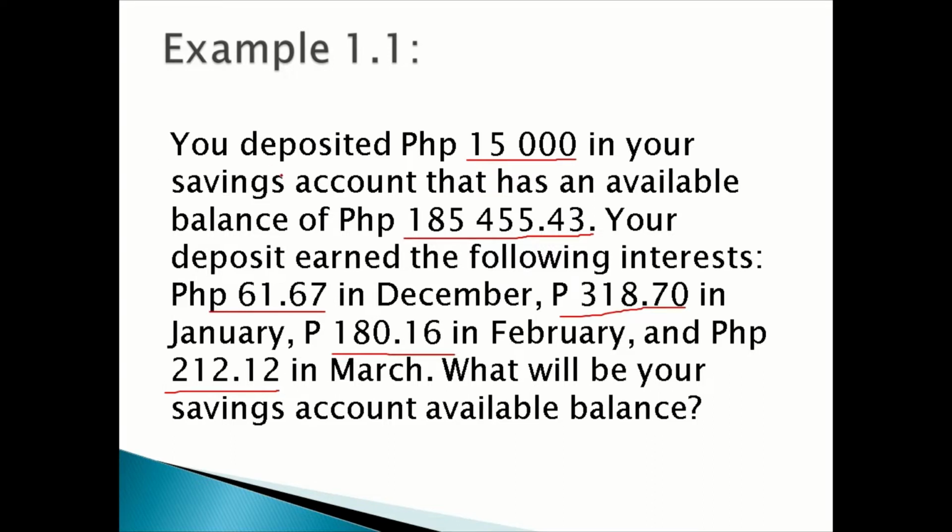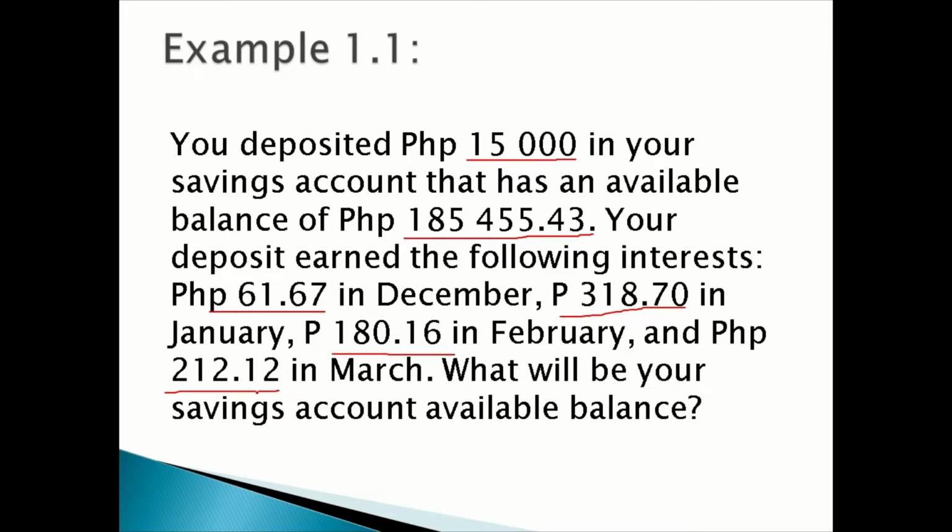Okay, from the word itself, deposited, which means we added to our savings account the following value, which is 15,000. And with that, we also earned the following interest from the value we deposited. And that is the following: 61.67, 318.70, 180.16, and 212.12.